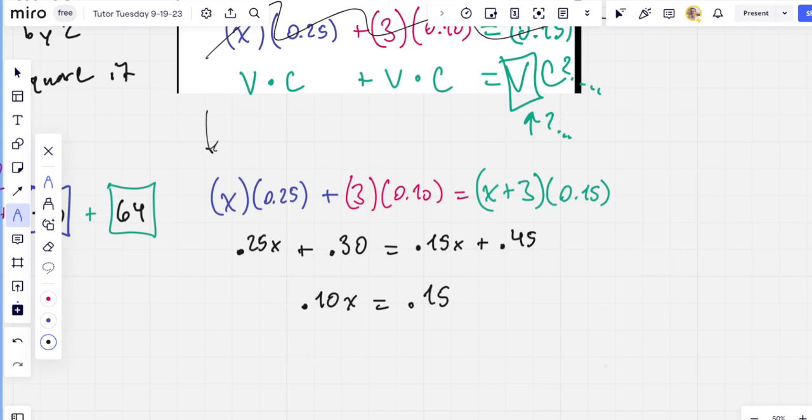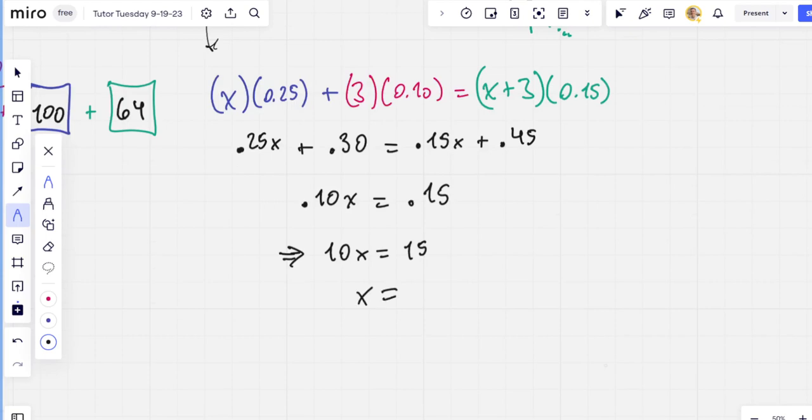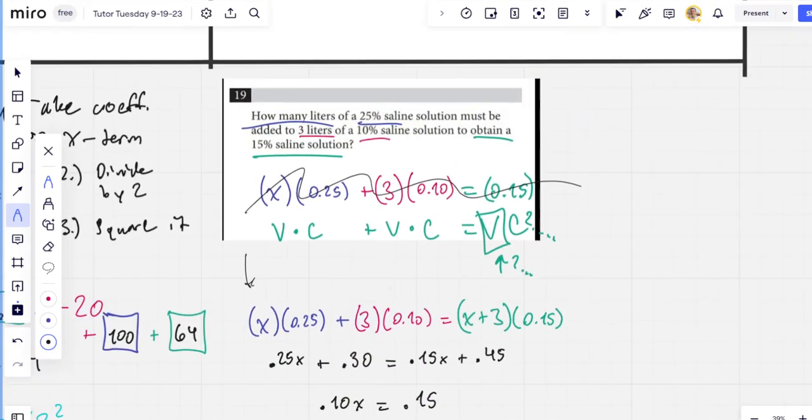That's the same thing as 10x is equal to 15, which is somehow the same thing, but just easier in my head to do, because that gives us x equals 1.5 liters.